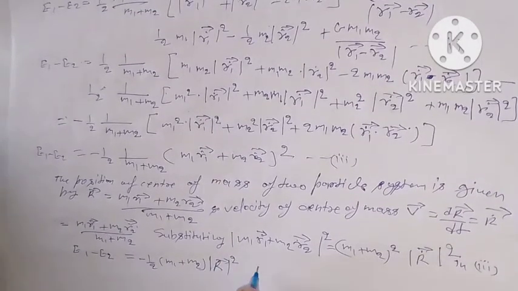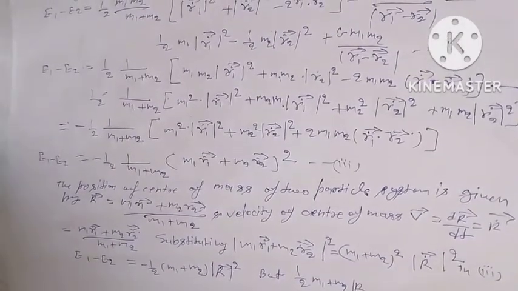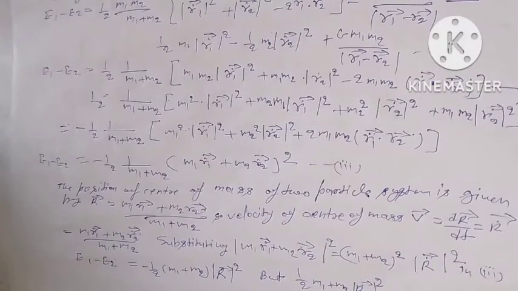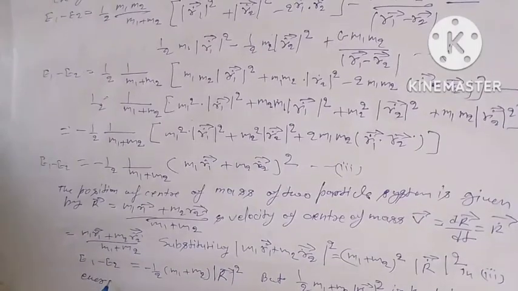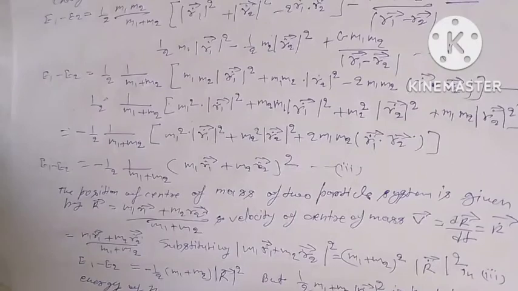Okay, but 1 upon 2 m1 plus m2 derivative of R vector whole square is the kinetic energy of the center of mass.